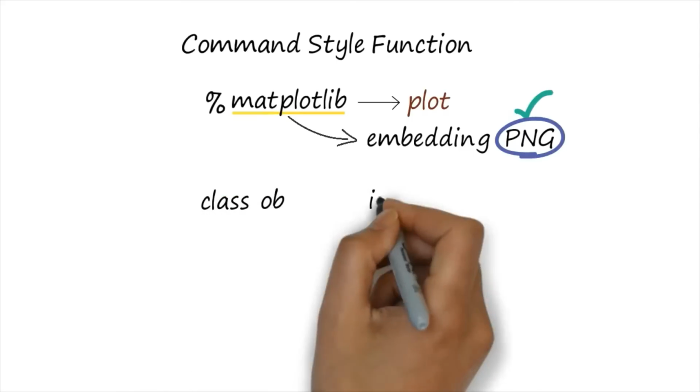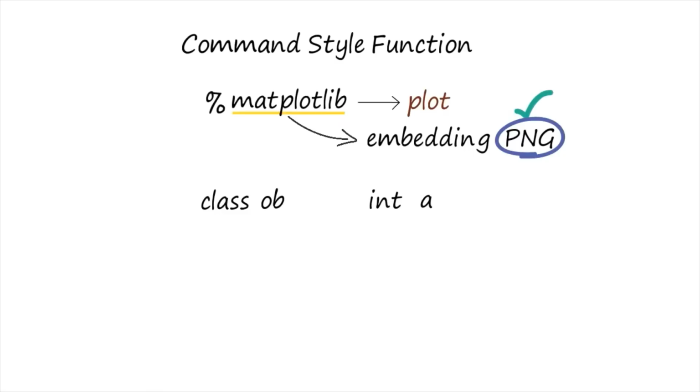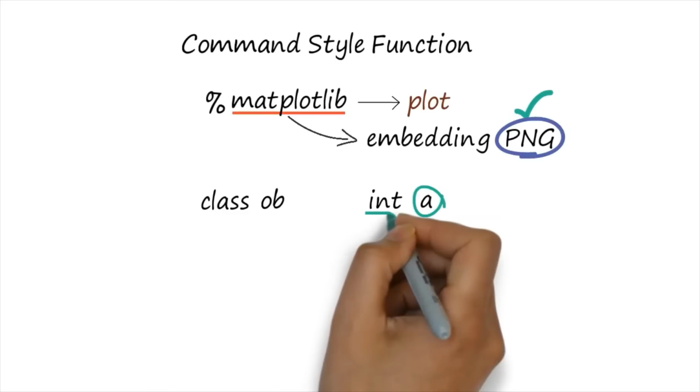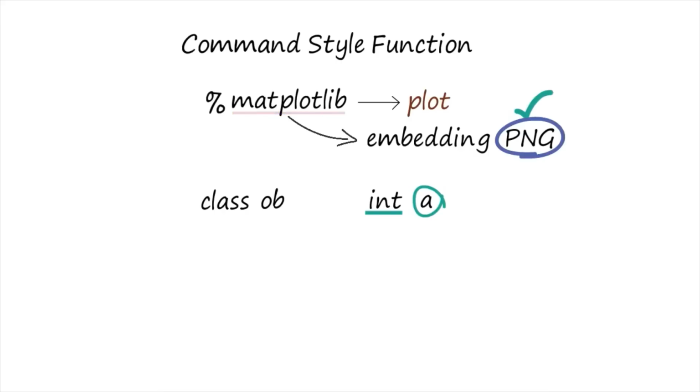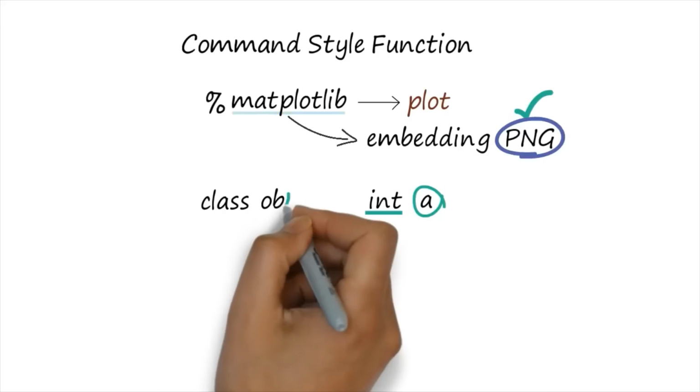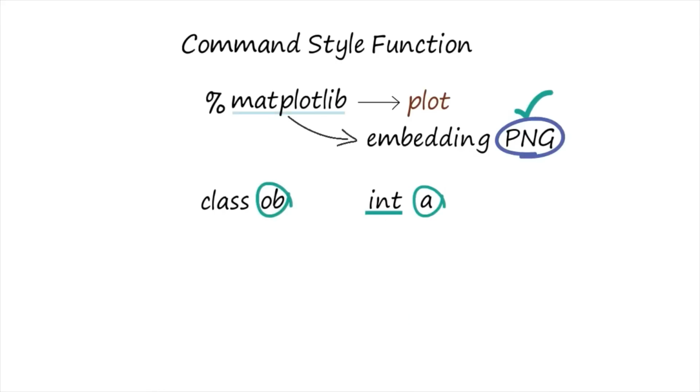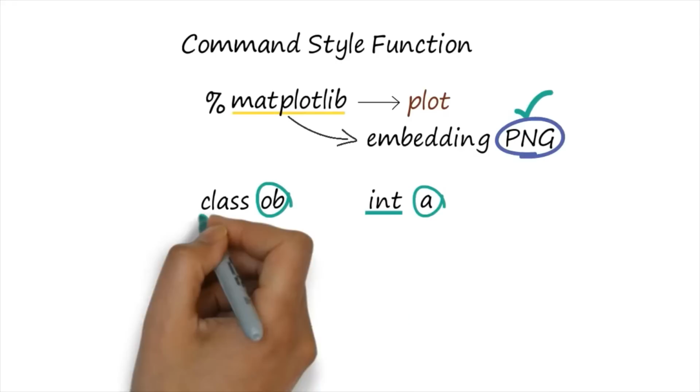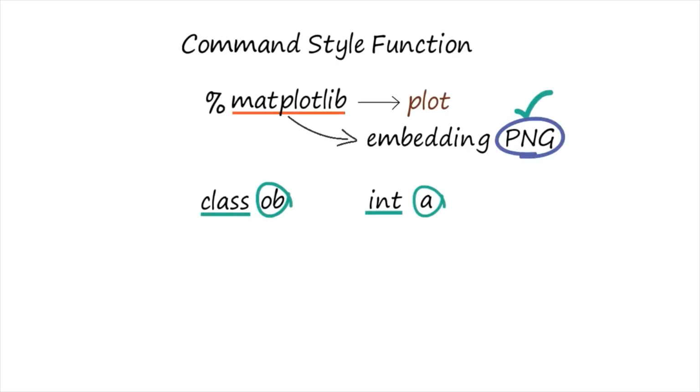If I compare this situation, here a is the variable and integer is the data type of that variable. Similarly, I can say ob is an object and the data type of the object is the class. So basically the class is the data type of an object, and reversely I can say an object is an instance of a class, or an object is a variable of a class.